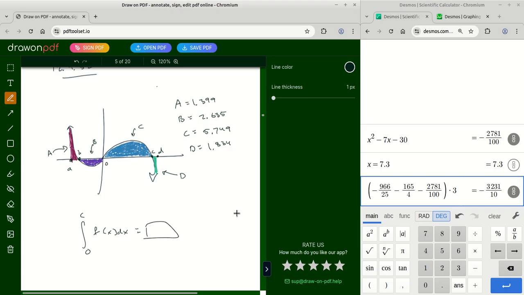So they're saying from this 0 all the way until C. So they want this area right here. So that's going to be equal to that C area, which we already found was 5.749. And we're done.